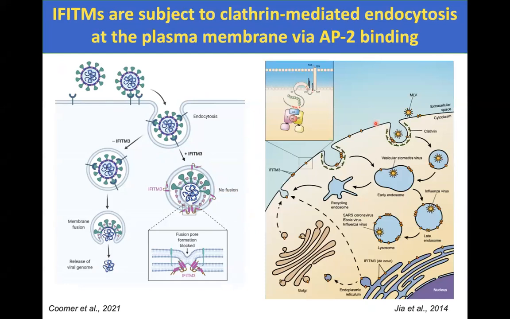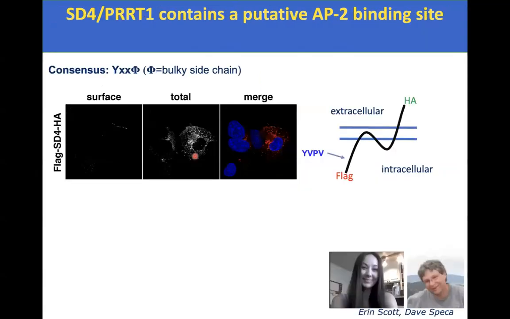What we've been trying to understand is where the AMPA receptors are localized, how they affect trafficking of the AMPA receptor during plasticity, and whether they are acting like these IFITMs to inhibit or regulate membrane fusion in some way.